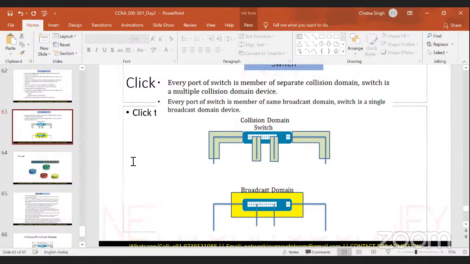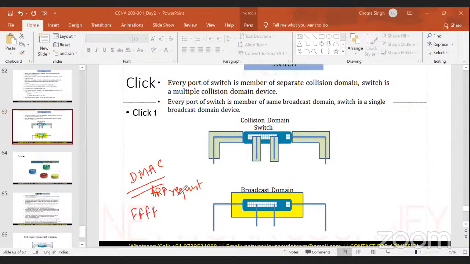If a frame arrives at the switch and the destination MAC address is the broadcast address, all F's. As I said yesterday, if I don't know the MAC of the PC I'm talking to, I initially put all F's in my ARP request. The switch understands that this destination is broadcast, so it has to forward it to all the ports.